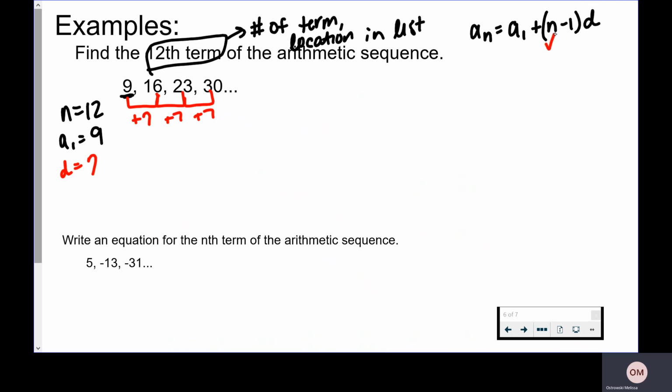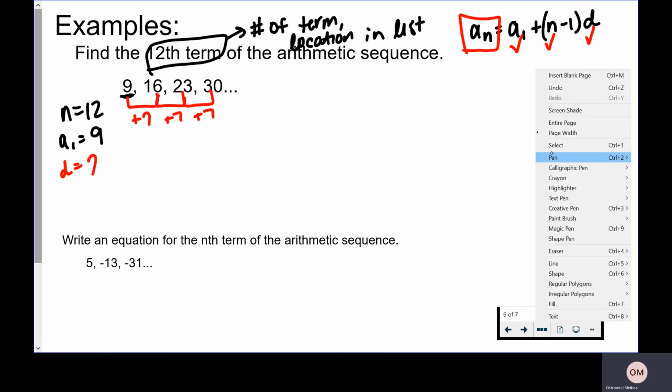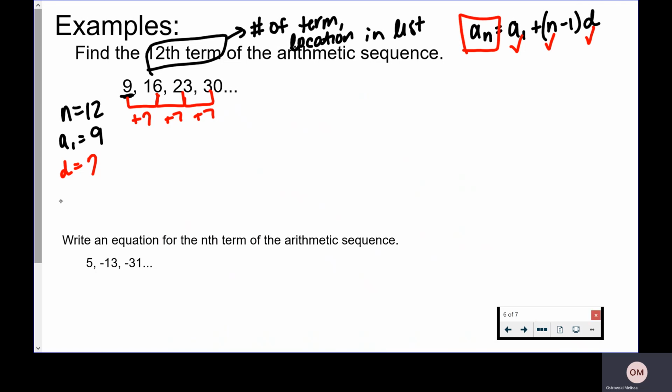So as of right now, I know n, I know d, I know a sub 1. I am looking for the value of the 12th term. So I'm looking for a sub n, which in this case is a sub 12, because it's the value of the 12th term. That's my goal.